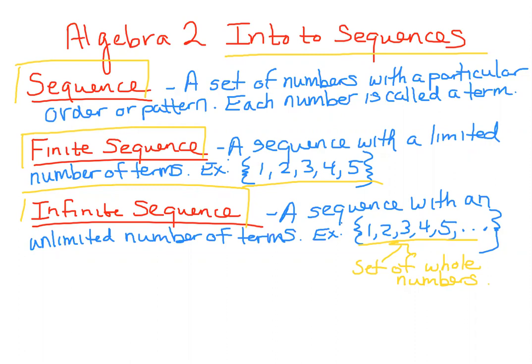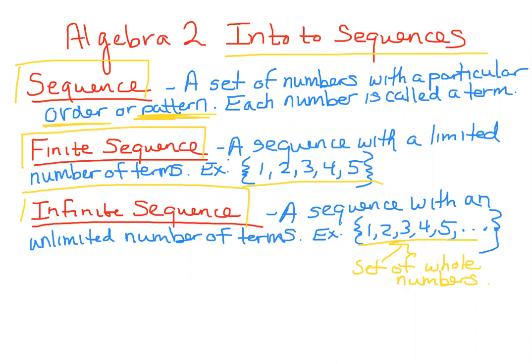We're going to talk about some specific types of sequences tomorrow and after. The pattern or the order can be anything with what we're talking about today. After today, we're going to get into some specific types, and there'll be some rules that come with that.